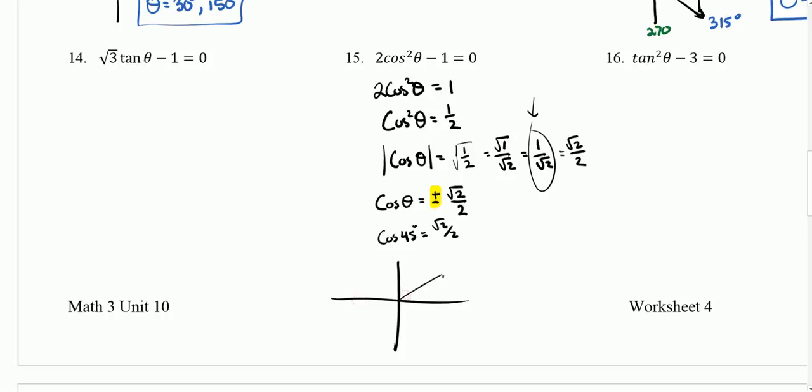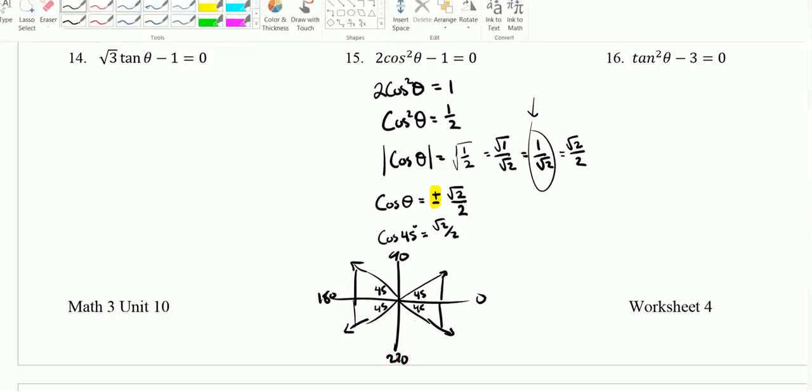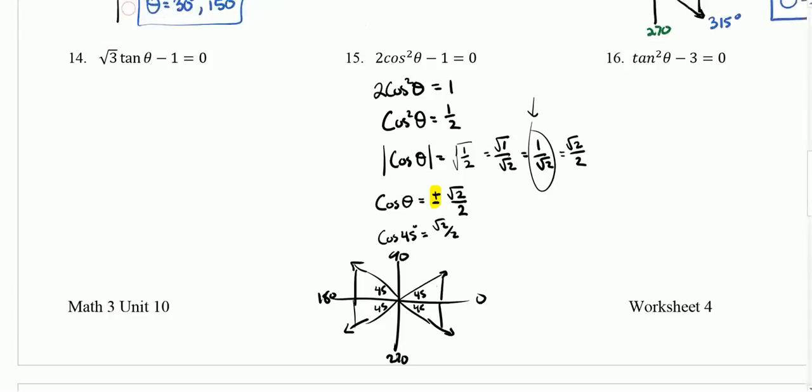So draw a reference angle of 45 degrees in each of your 4 quadrants. And we're interested in where these terminal sides are pointed. So 0, 90, 180, and 270 I'm putting on to just give us a point of reference here.